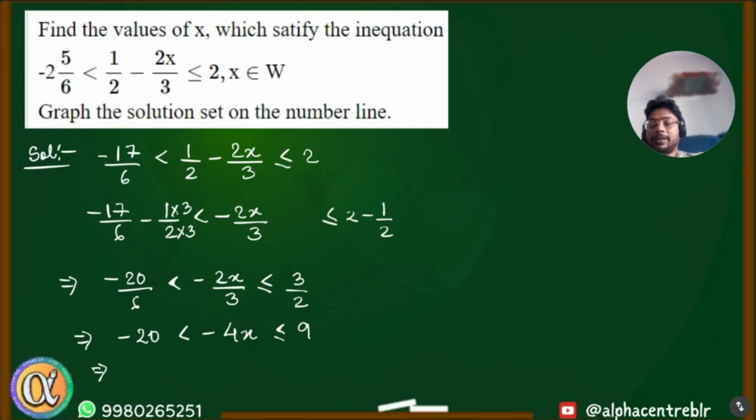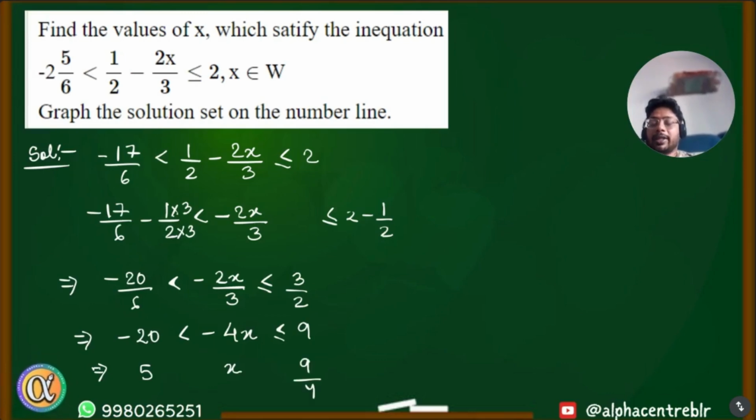Now, in order to get rid of this minus sign, the only option we have is dividing the whole inequation by -4. Here we can't switch sides because there are three terms. Dividing by -4, this becomes 5, this becomes x, and this becomes 9 over 4.